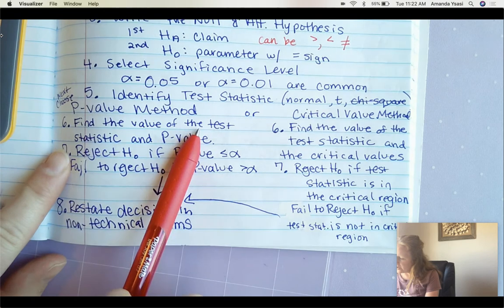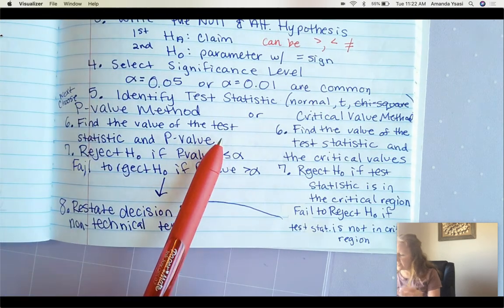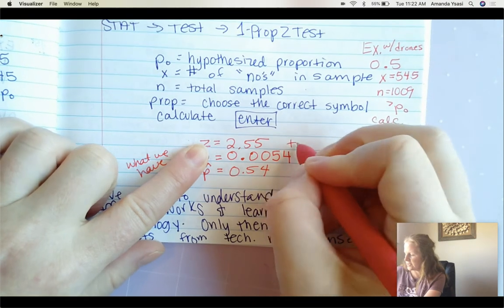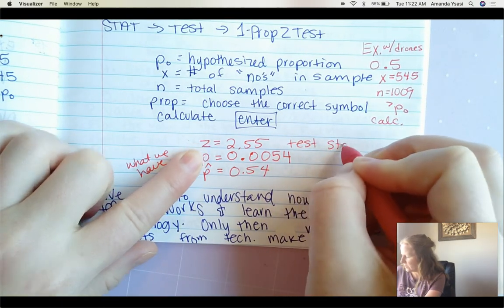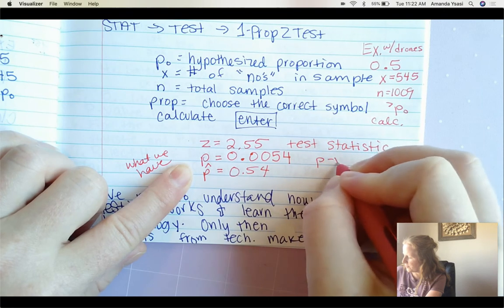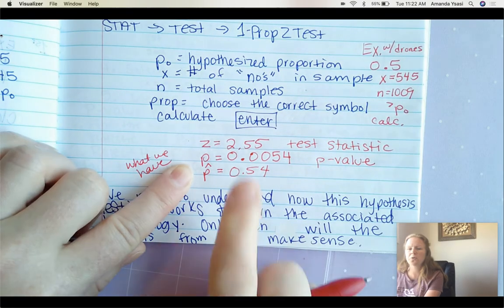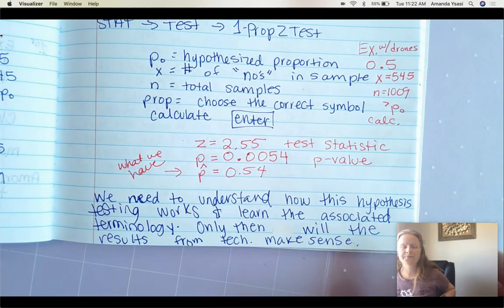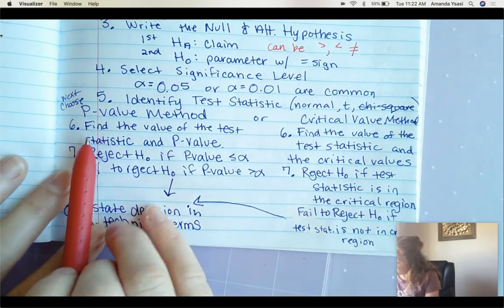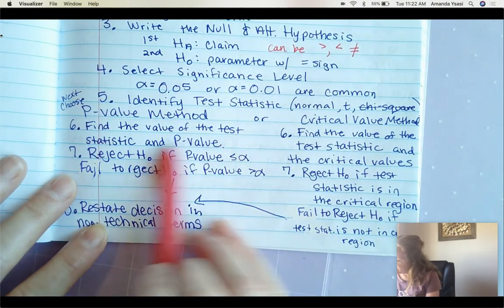So with the p-value method, you're going to find the value of the test statistic, which over here, this is your test statistic. And this is your p-value. So you're going to look at those. And then find the value of the t. We already did that.